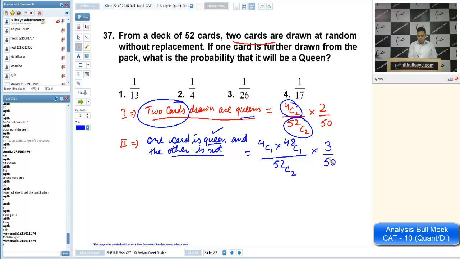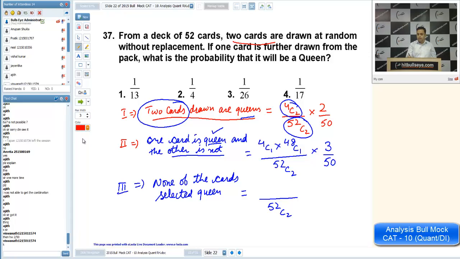Next, third part, case number 3. If none of the cards selected is a queen, in this case the total ways will be again 52C2, but since these two cards which have been selected are not queens, they will be from the remaining 48 cards, so the selection will be 48C2, and we are left with 4 queens out of the remaining 50 cards, so the probability will be 4 by 50.